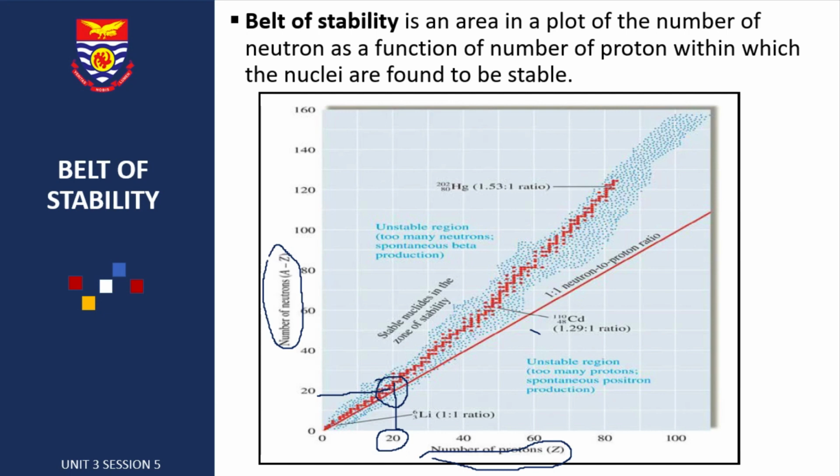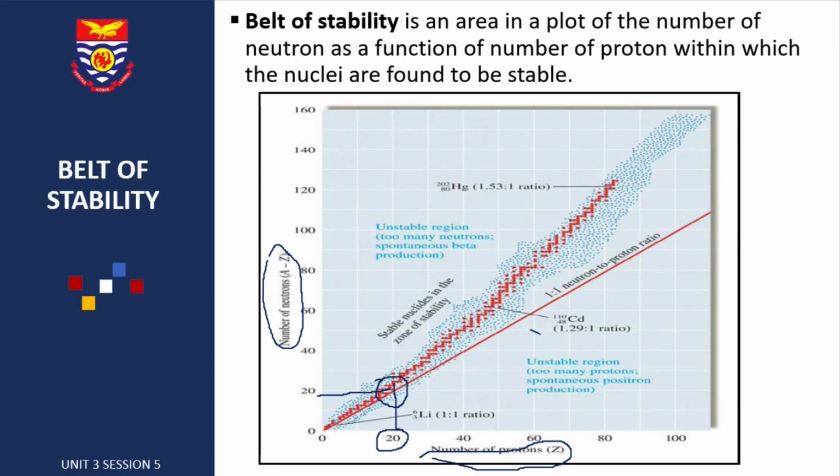So all nuclei below the belt of stability can undergo adjustment to become stable by emission of a particle, and all the elements above the belt of stability could also undergo emission to become stable.